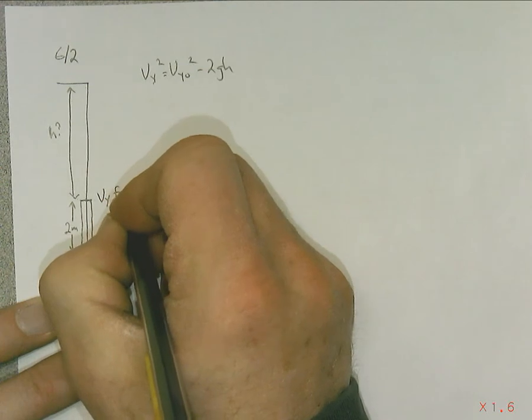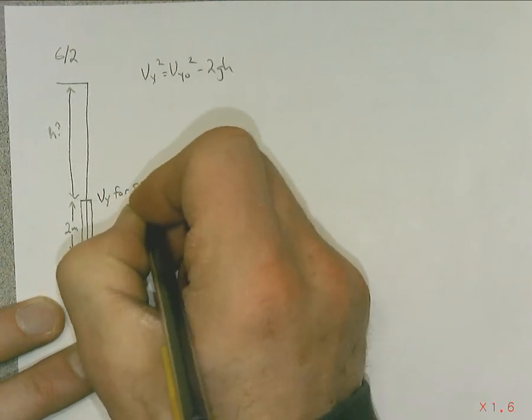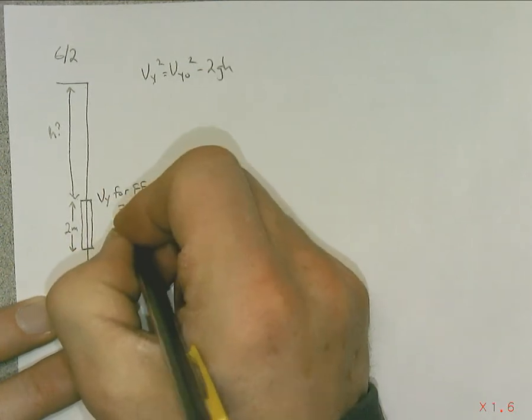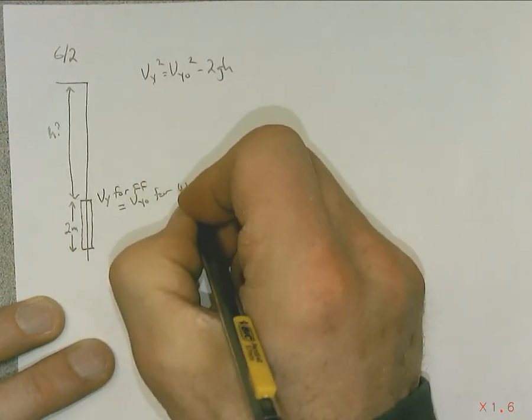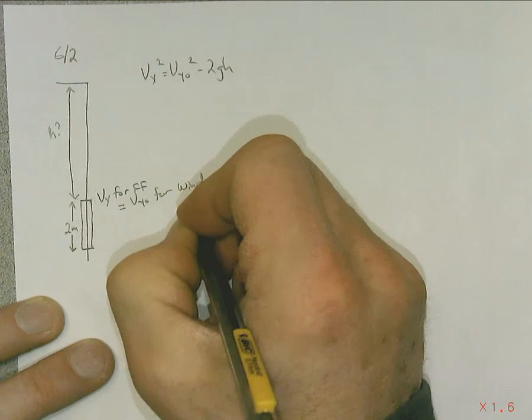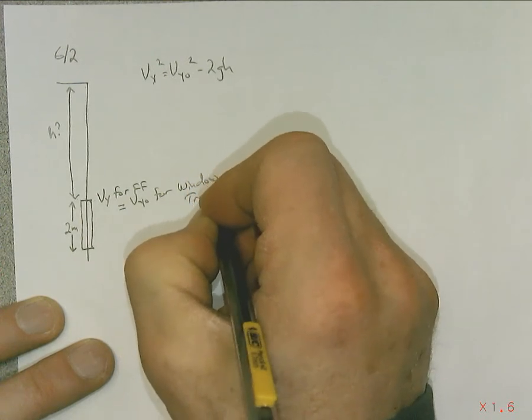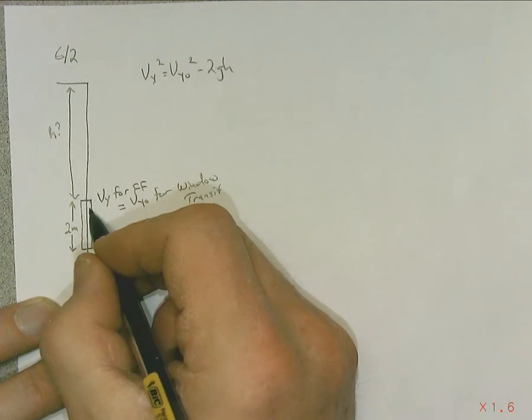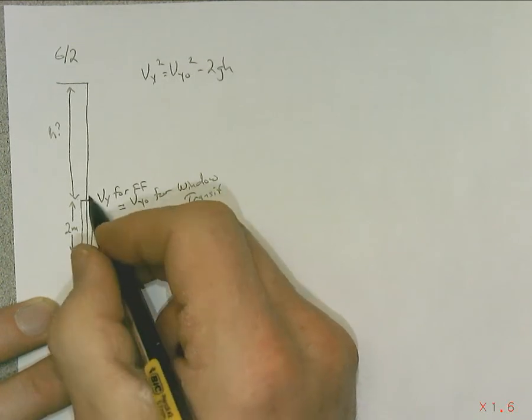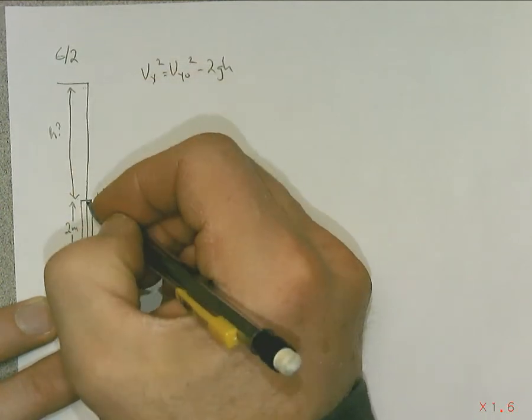Vy for free fall is equal to Vy0 for window transit. Okay, so that's the initial velocity when it hits the window and then speeds up across these 2 meters.